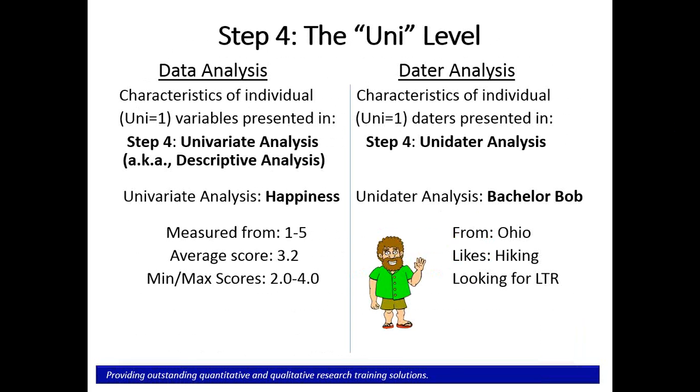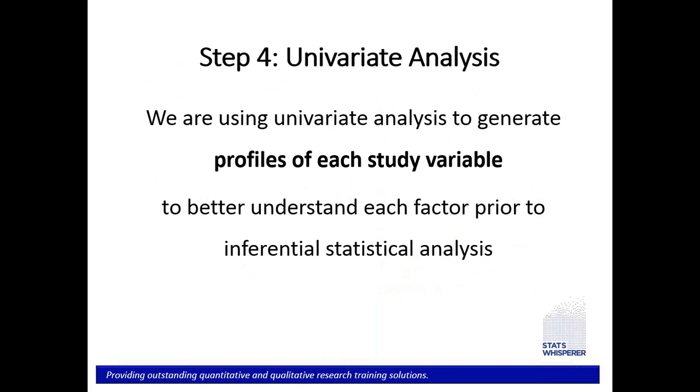So univariate, one variable, we're presenting the characteristics of one variable at a time, such as happiness measured on a scale of 1 to 5, average score 3.2, min-max, highest and lowest scores 2 to 4, right? So we're just presenting the characteristics of each variable one at a time.